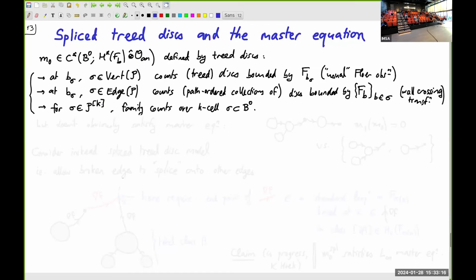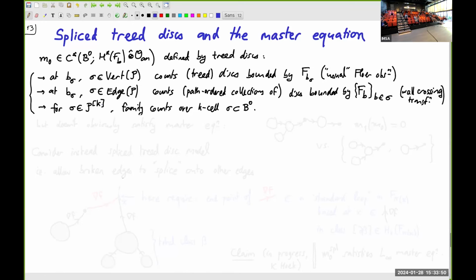So if I look at the coefficient of my m0 that lives at a vertex of P, a zero cell, so minima of the base Morse function, well, the tree part of my Morse flow tree actually has to stay in that fiber, because the only way you can end at a minimum of a Morse function is by being there all along. So this is just counting disks with boundary in that fiber, or possibly treed, but within the fiber. So this is the usual m0 in the Charest-Woodward way for counting disks bounded by that particular fiber.